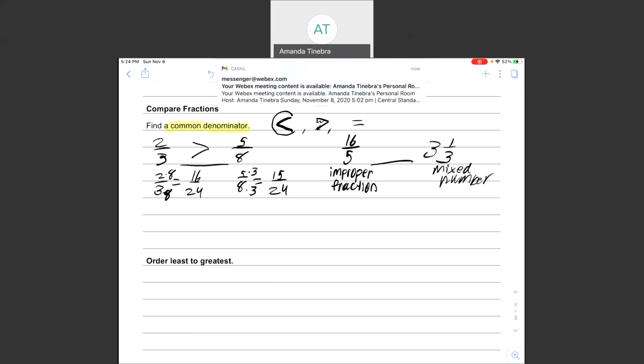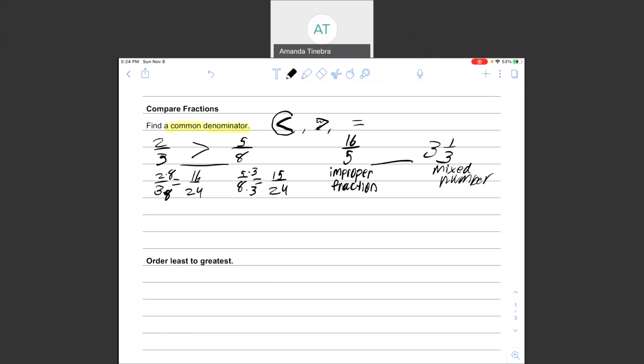So in order to compare these, I want to actually be able to look at both of them as improper fractions. Okay? So to do this, I want to turn 3 1/3 into an improper fraction. Because if they're both improper fractions, they're going to be a lot easier to compare.